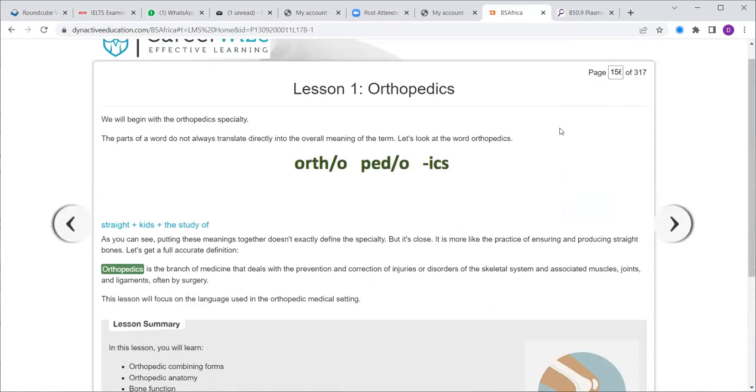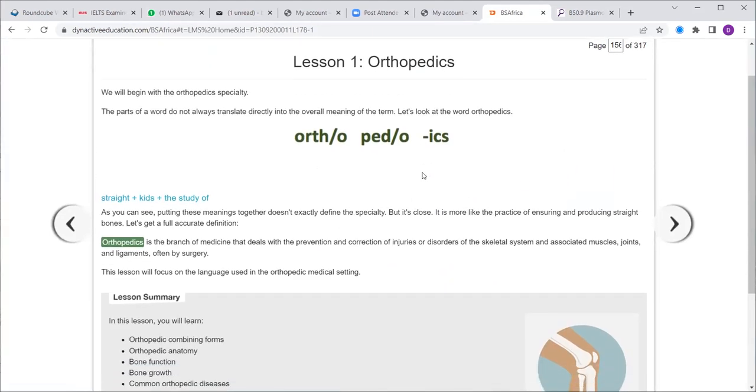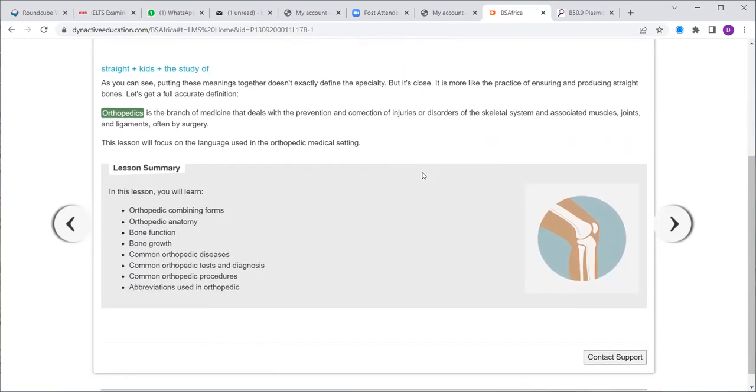You start by going through orthopedics. Orthopedics are doctors that specialize in bones.